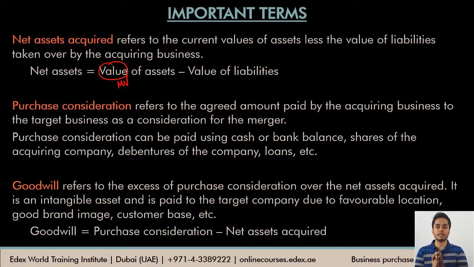Because it feels that the business of the target company has certain value of goodwill, and that goodwill will help the acquiring company to boost its profits or boost its business or help the business to expand in future. So the acquiring company decides to compensate the target company over and above the value of net assets acquired. That difference is the goodwill. So goodwill is equal to your purchase consideration paid minus the net assets acquired by the acquiring company.